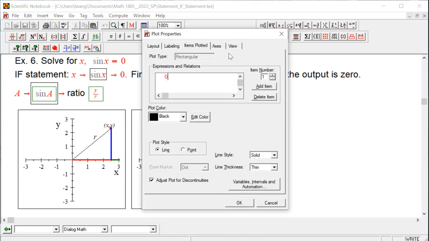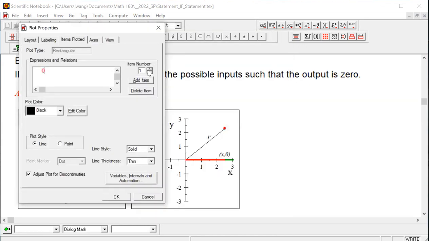What I'm drawing here are the terminals, where the ratio of sine will be 0. I need to remove one more thing. Delete that.